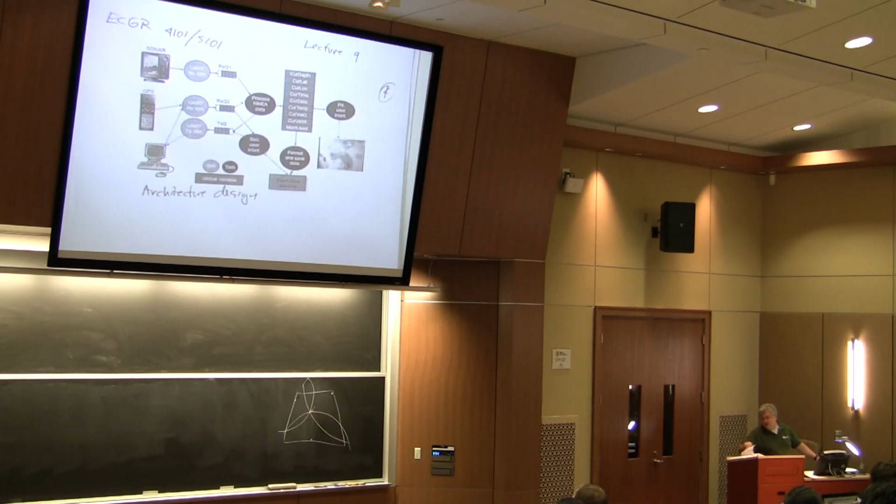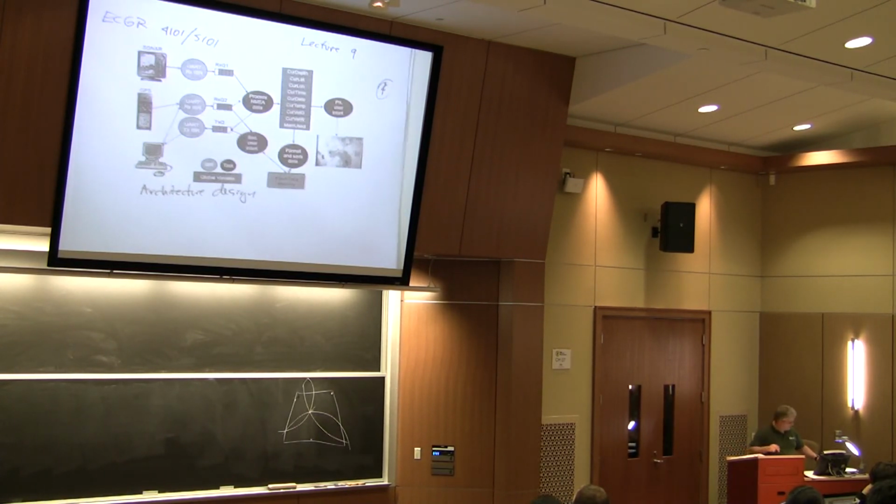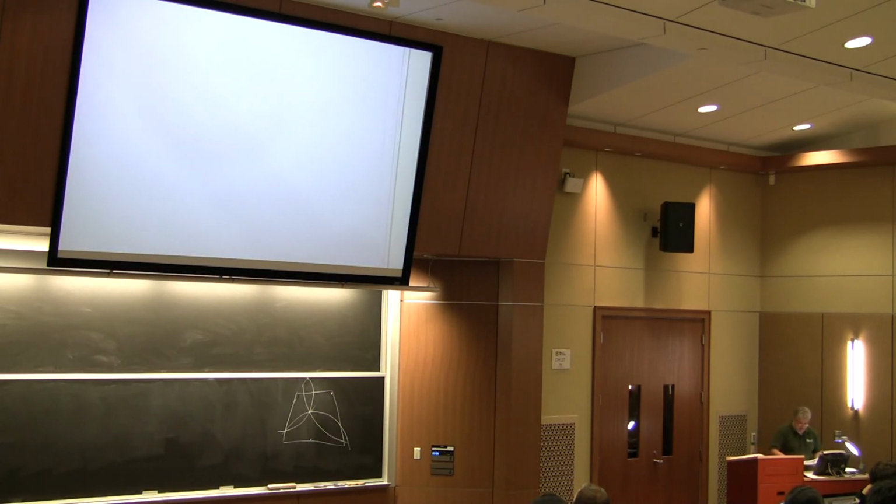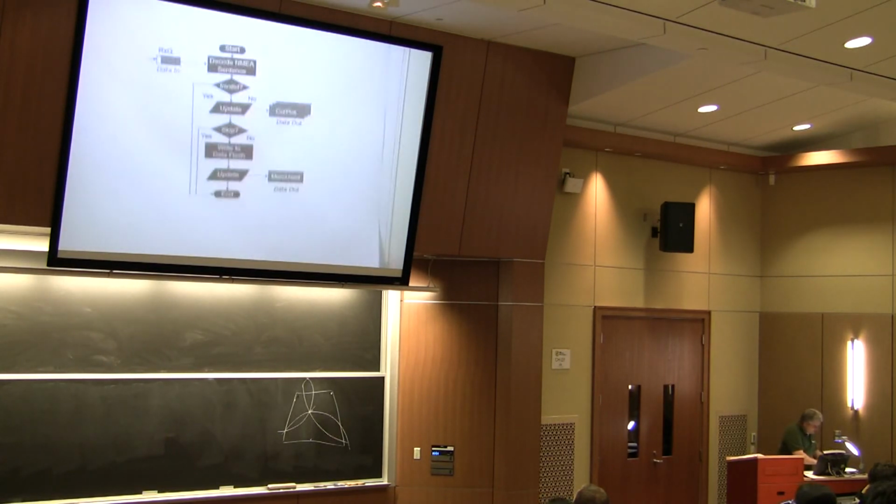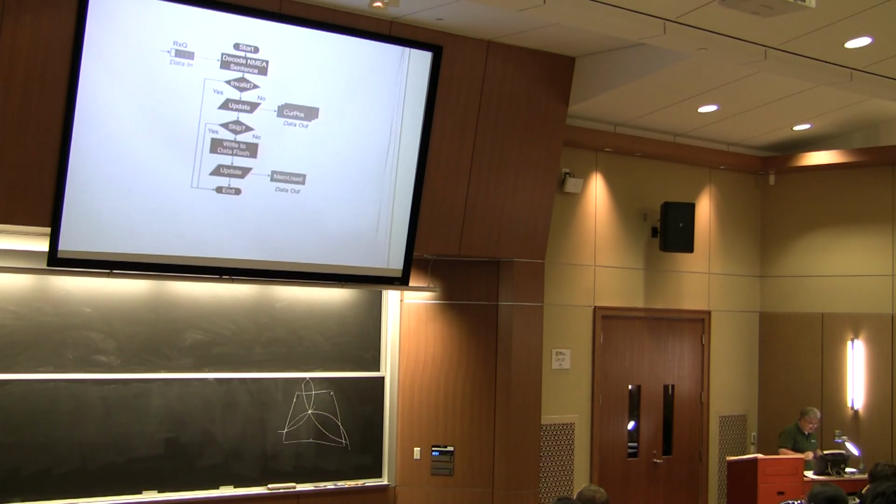If we look at one of these in a little bit of detail, we can get into what's called a detailed design of this. And as an example, we can look at a flow chart. So here's our design.